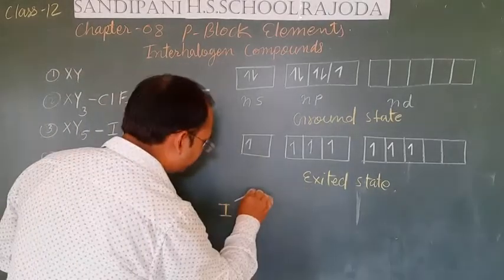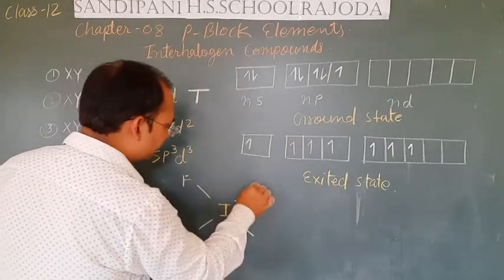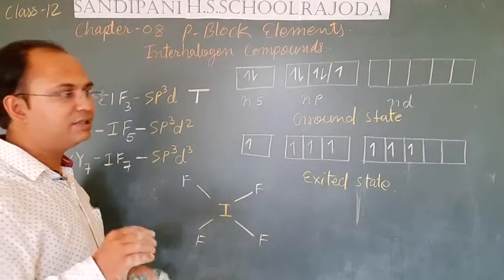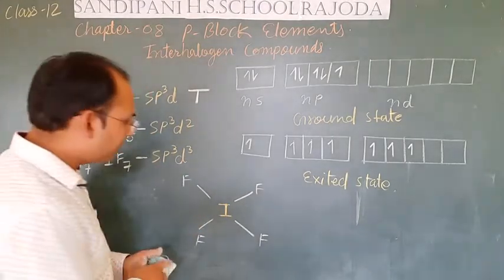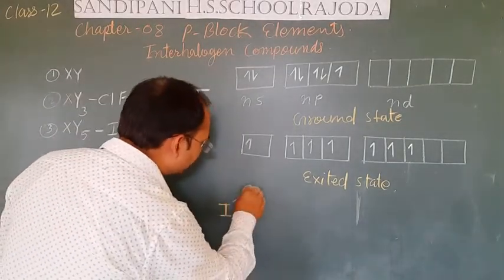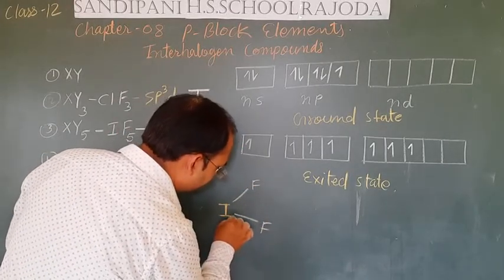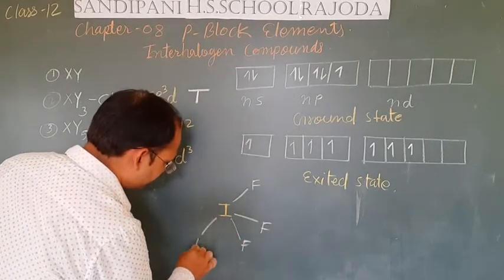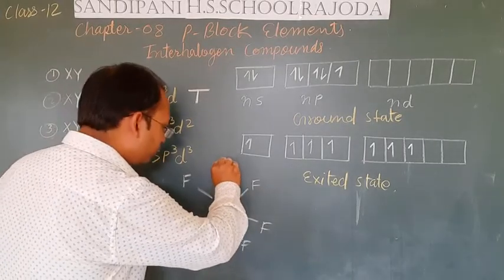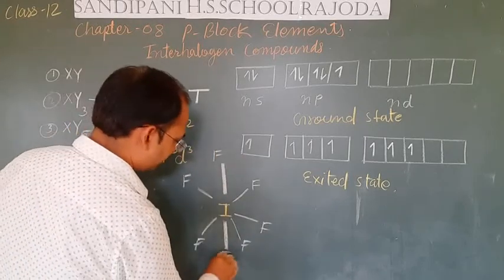Actually, 5 fluorine atoms are connected to the iodine at equal distances, and 2 fluorine atoms are present at the axial positions.